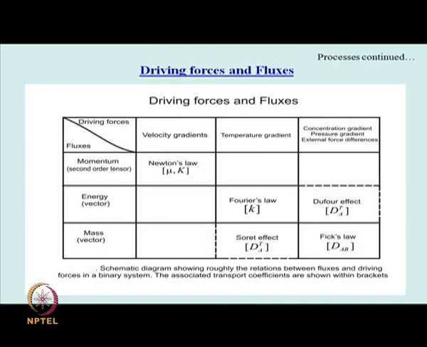Now, this table is quite interesting to look at. When we were discussing macro processes, we all know that velocity gradient is the root cause of momentum transfer, and the relation which connects momentum transport with the velocity gradient, that is the fluxes and the driving forces, would be Newton's law. When there is a temperature gradient existing in the system, energy transport is going to take place, which is a vector quantity.